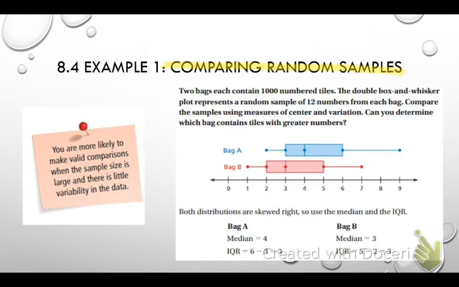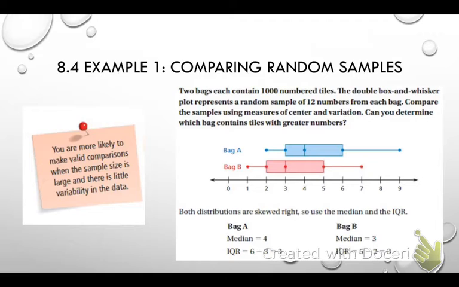Remember what I just said about biased and unbiased, and look back at the problem. What do you see? What's the sample? Oh, it's a random 12 numbers. How many tiles are in the bags? Is that accurate? No, because it's not big enough.